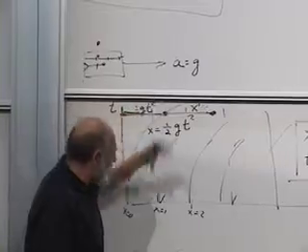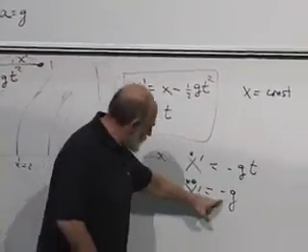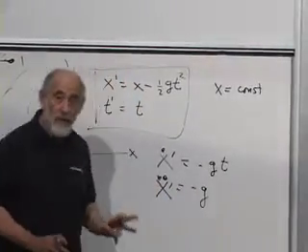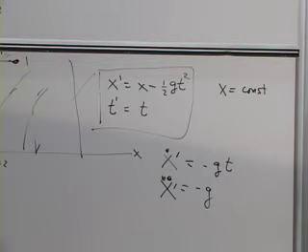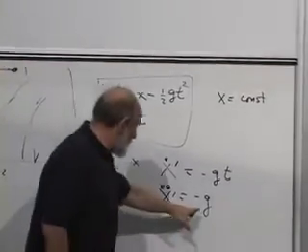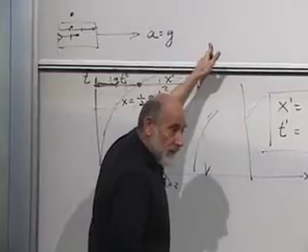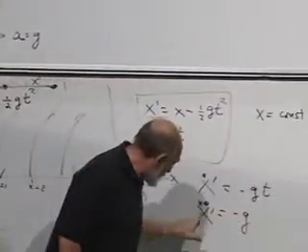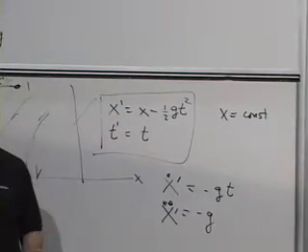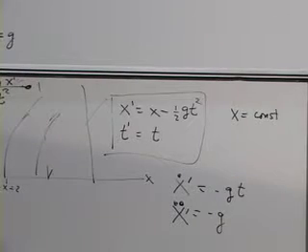The accelerated elevator gives rise to an acceleration for anything that you drop, which is just minus g, just like in an ordinary gravitational field of the Earth. So anything which is dropped in this elevator accelerates toward the floor, not in the direction of the elevator's acceleration, but in the backward direction. That's the minus sign here, and it accelerates backward with the acceleration minus g. Okay? So that's a mathematical statement.